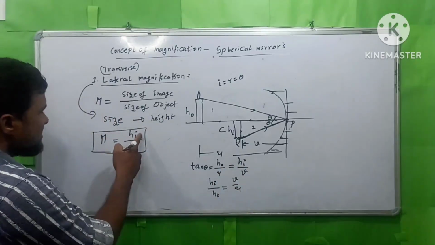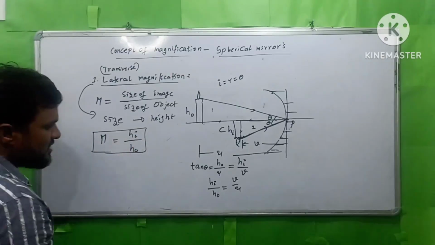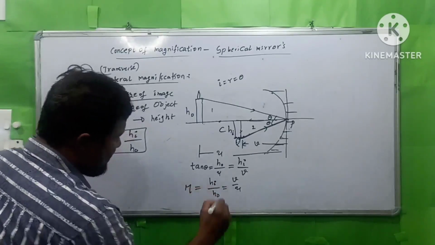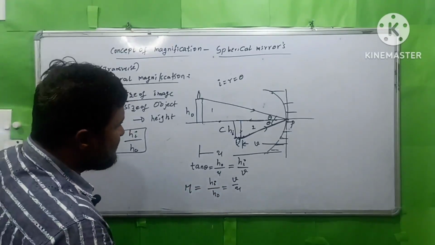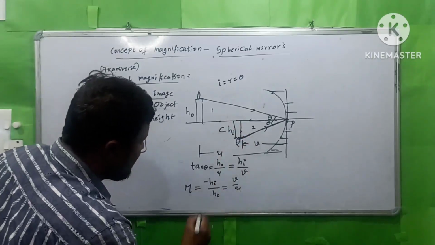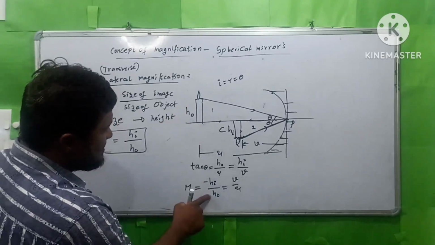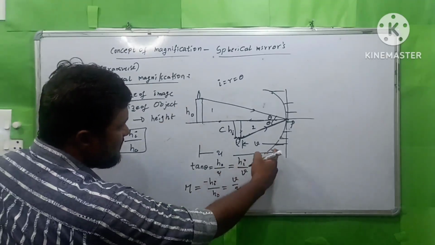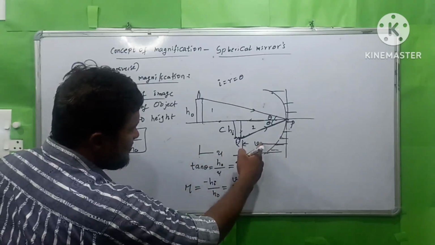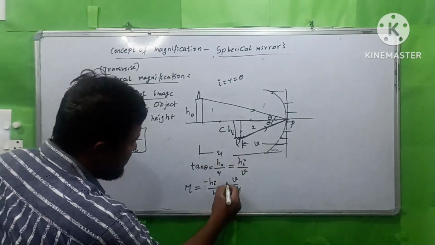So further, what is hi by ho? The ratio of height of image unto the height of the object is magnification. So instead of this, we can write magnification m. Now if I apply sign convention, below the principal axis heights are taken as negative, so this becomes height negative. Above the principal axis positive, and v negative, image distance v negative, object distance u negative.